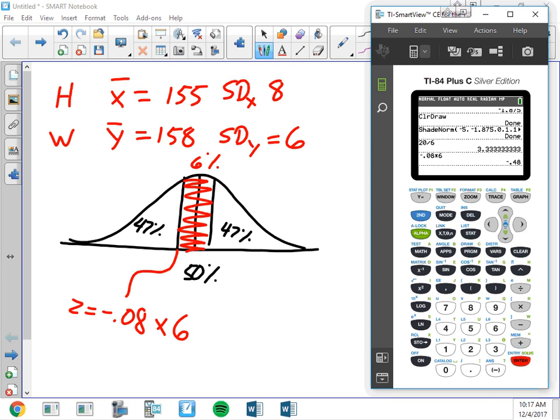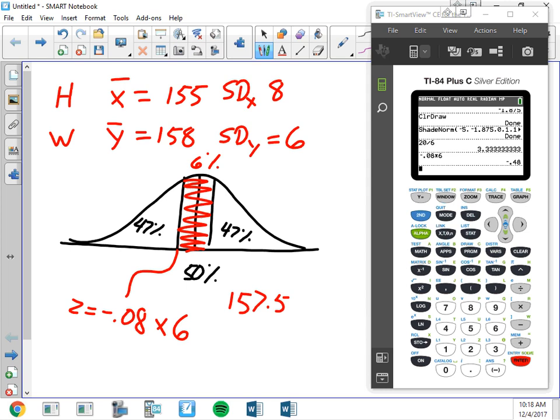Half a centimeter below 158, so 157.5. Does that make sense? And the formulas are up there on Darian's poster.